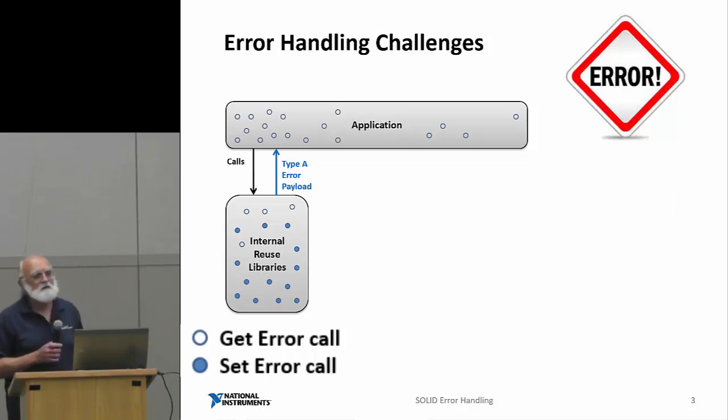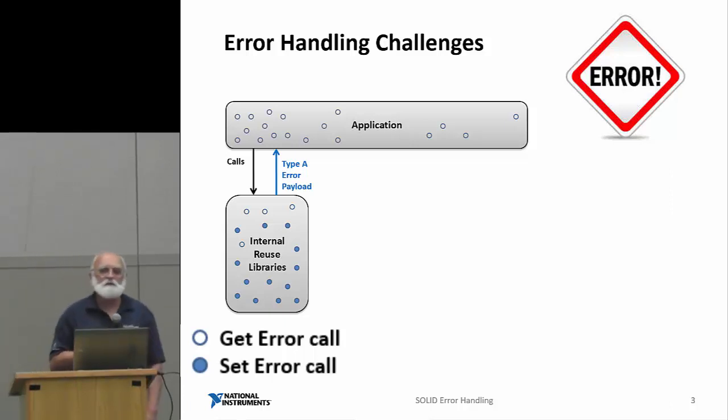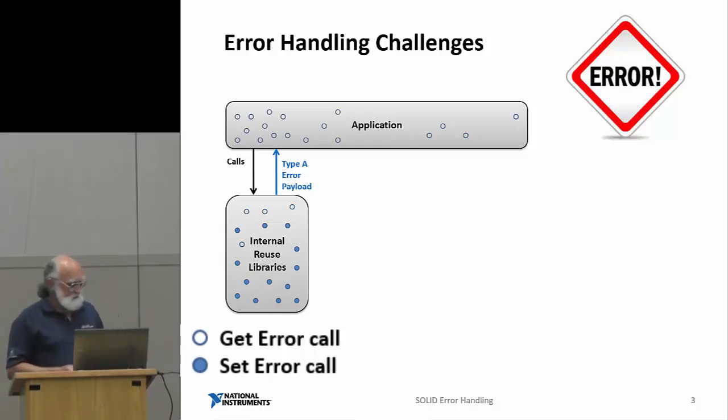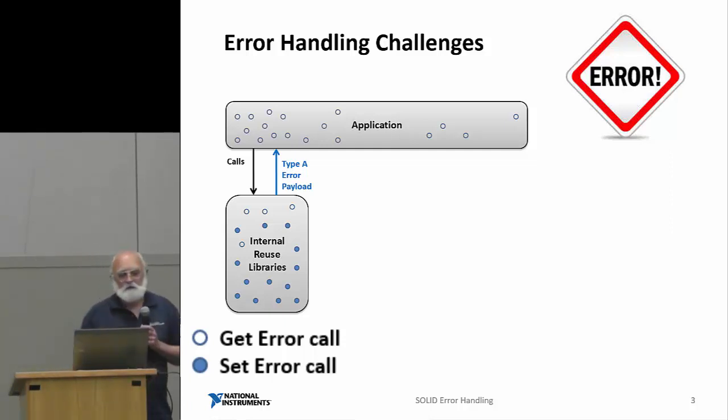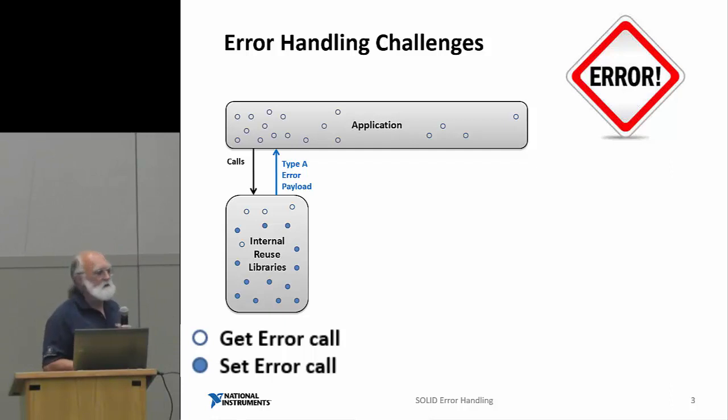This is a typical situation where you find yourself. You have internal reuse libraries, and you have an application that calls methods, classes or APIs from those reuse libraries. And those libraries generate errors. The solid circles are set or generate error calls.